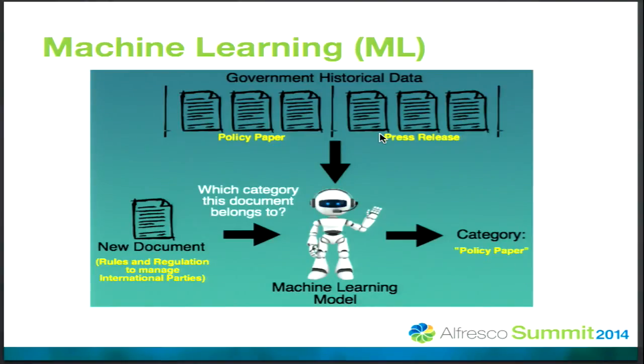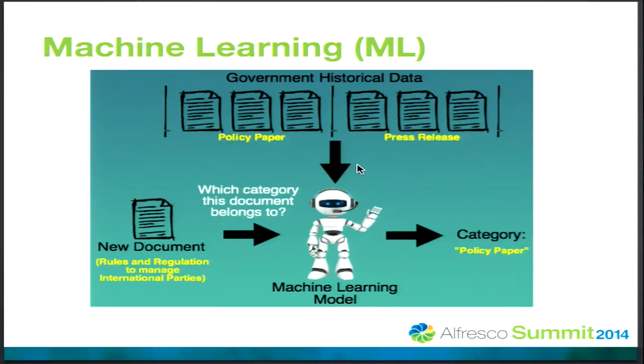But in this scenario, if press release is the category, the term "news" will be very helpful to identify that this document belongs to the news category. We also use a concept called TF-IDF, term frequency and inverse document frequency, to identify the most important word in a document within the collection of documents. These are the things we consider as features during the training process.